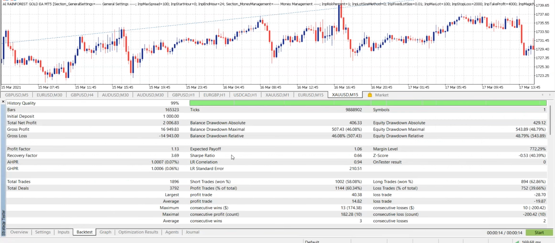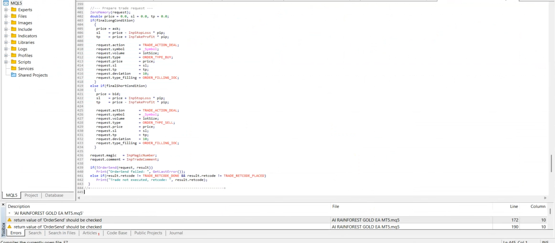Okay, so we have 2000 and 1,800 trades. Just to memorize the numbers like win rate, average profit, loss rate, and all these things, so we see if it matters or not that we added the pin bar.